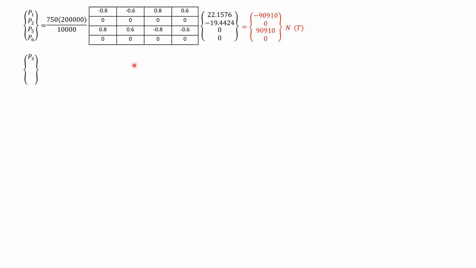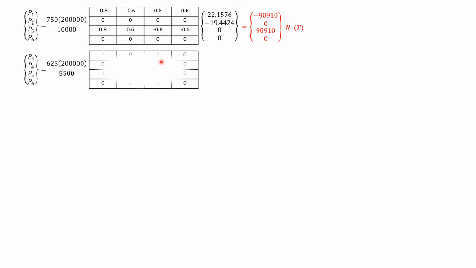Then for member 3, P1, P3, P4, P5, P6 equals its value AE over L multiplied by its cosine, which is negative 1, sine 0, then the negative of cosine, negative of 0. That's it. Go to 0, then the negative of the upper part.